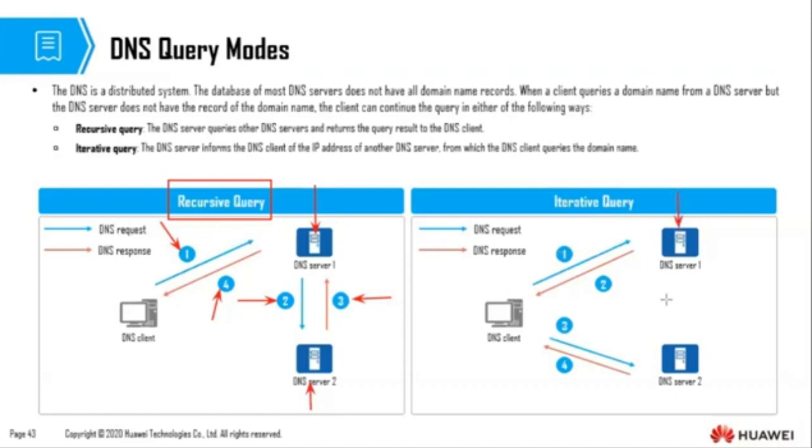So this is your friend, DNS server 1. You ask your friend, hey, where did you buy that nice shoe that I saw you with? Then this guy tells you, I bought it at Tuskys Pioneer. Then you go to Tuskys Pioneer and buy the shoe.